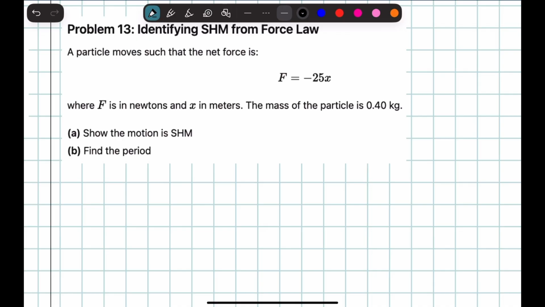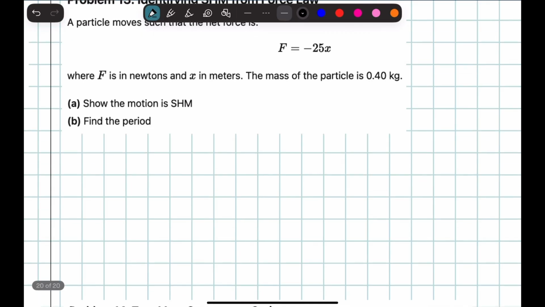A particle moves such that the force is F equal to negative 25x, where F is in newtons and x is in meters. The mass of the particle is 0.4 kilograms. Show that the motion is simple harmonic motion. Well, we have ma is equal to negative 25x using Newton's second law, F is equal to ma.